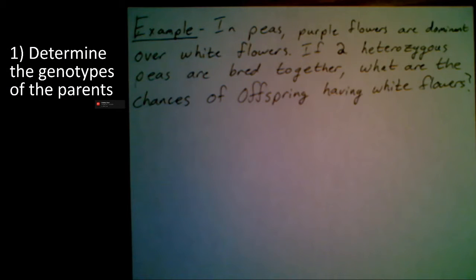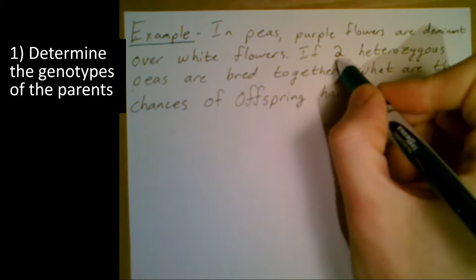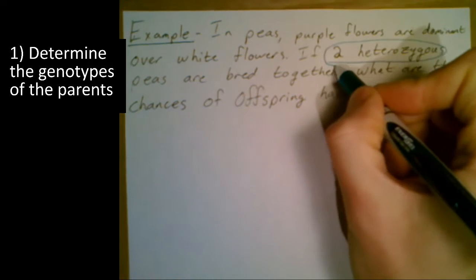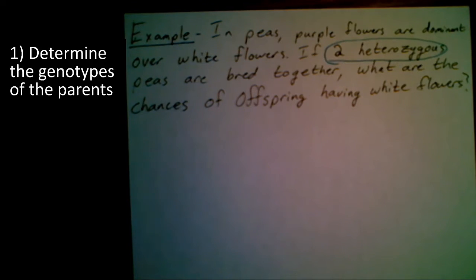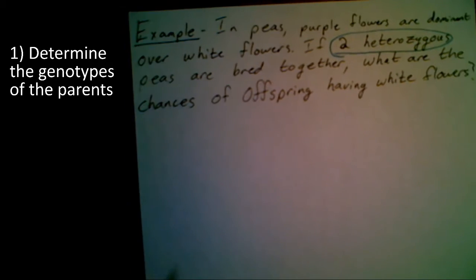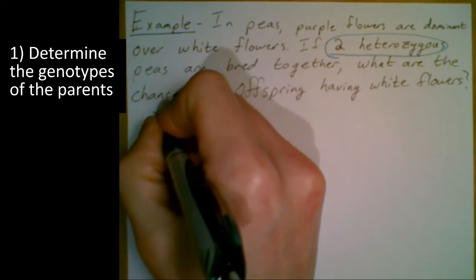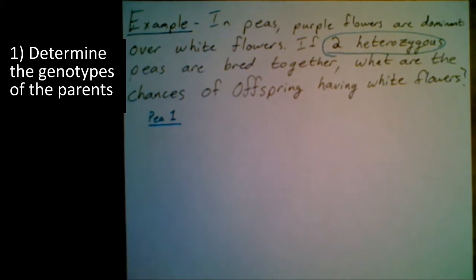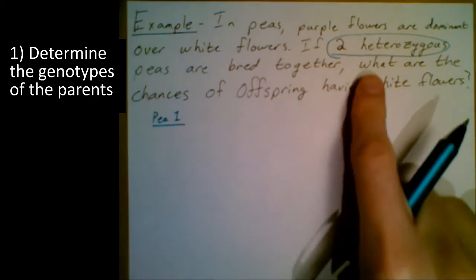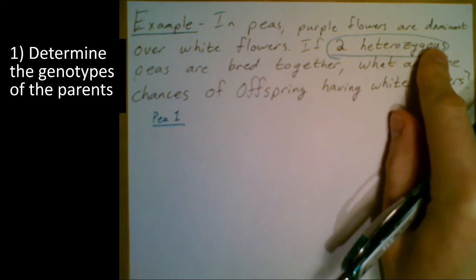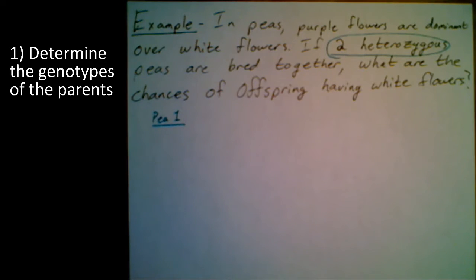So the very first step is to determine the genotypes of the parents. If we read through this question, it says that we have two heterozygous peas. Now remember, the genotype is the letters that we get. It's the actual genes that are carried by that organism. So we're going to have P number 1, and we need to decide what letters it actually gets. Hetero means different. Zygous, remember, means pair. So this has a different pair of alleles.